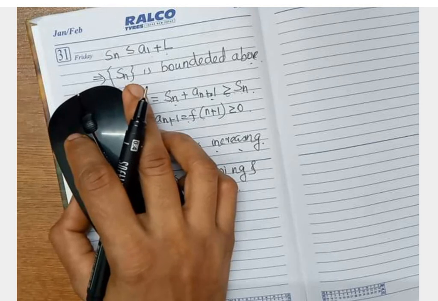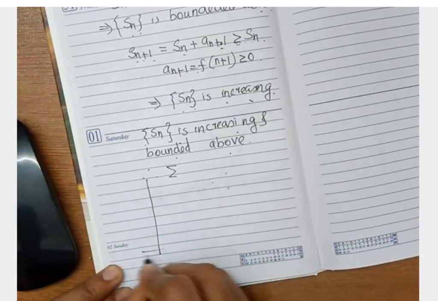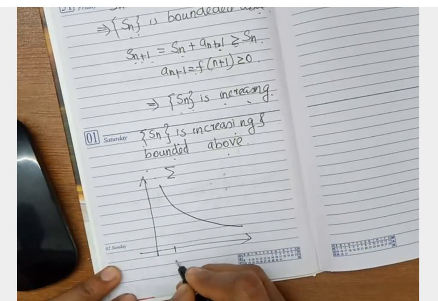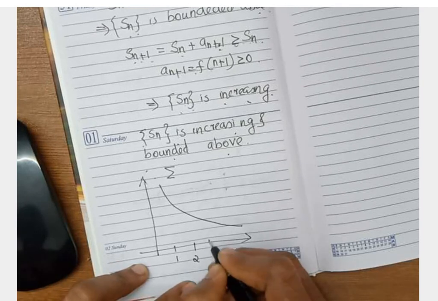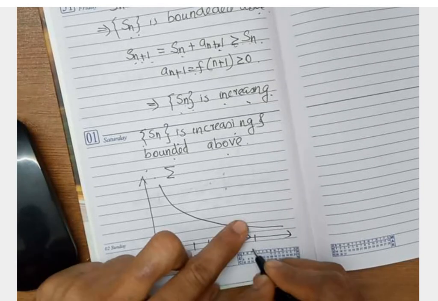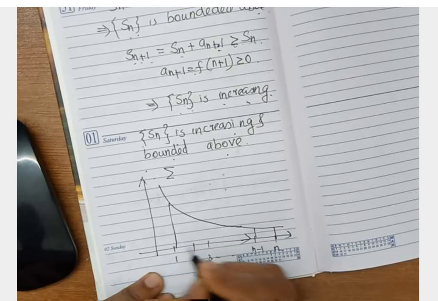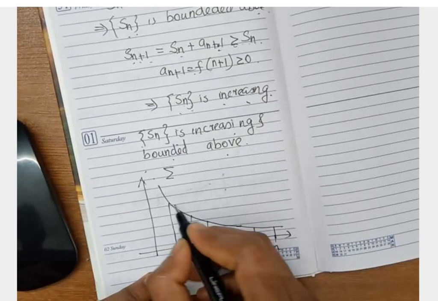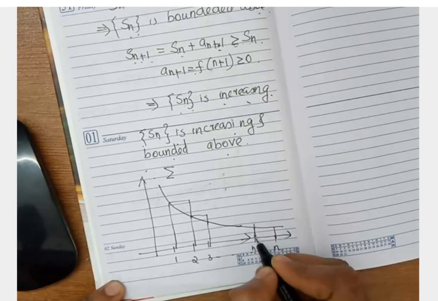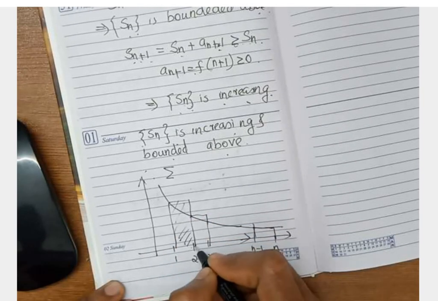If we look at the next graph, this is y equal to f of x. I'm considering 1, 2, 3, etc. up to n minus 1, n. Suppose I am choosing these rectangles, the greater rectangles, right? This is f of 2 here.